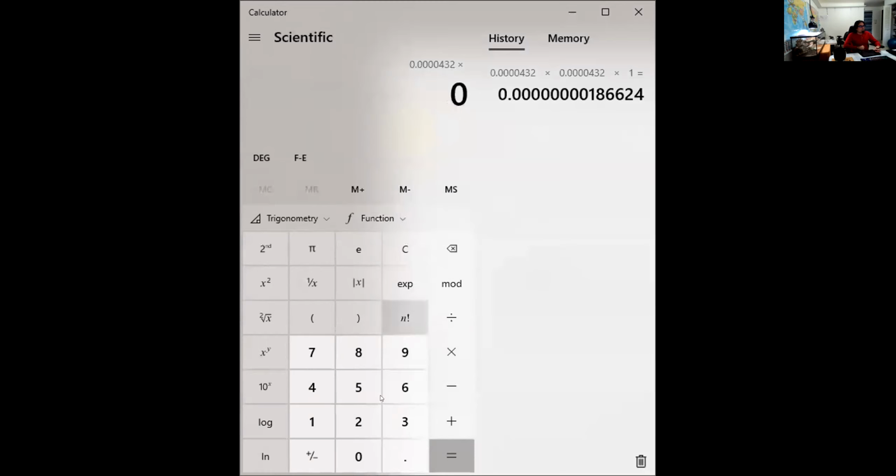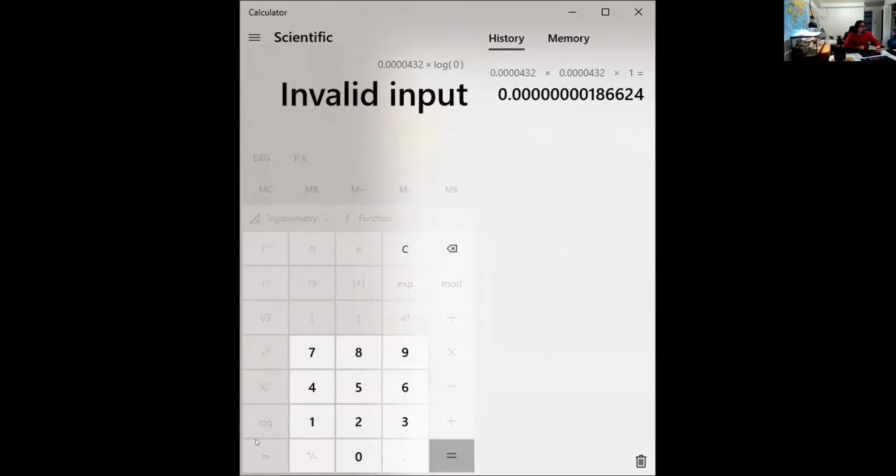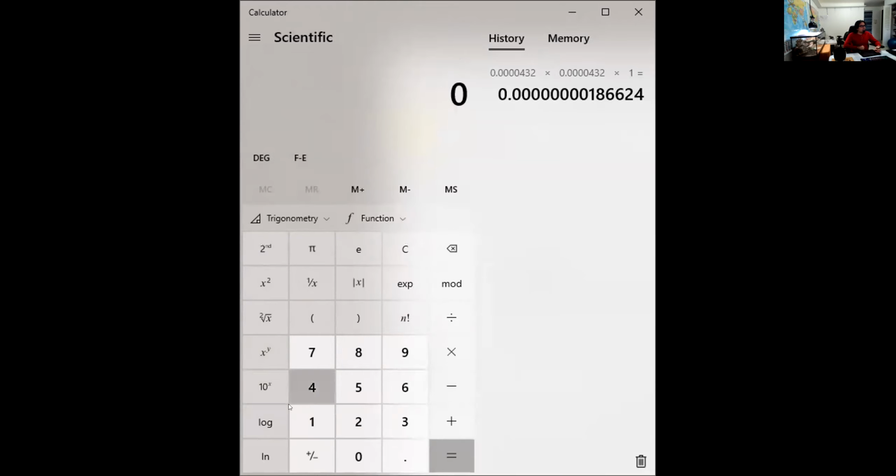So what you want is a negative log. It doesn't want negative first. Okay, oh, I have to do log after. It's this kind of calculator. Okay, well then I will do log of that. So 4.32 exponent -5. Take the log of that, and then I get this -4.36.